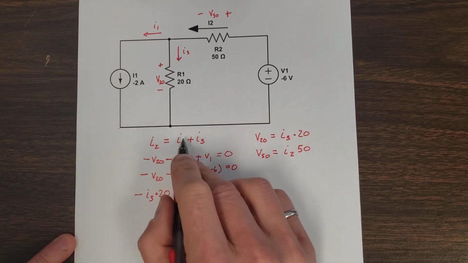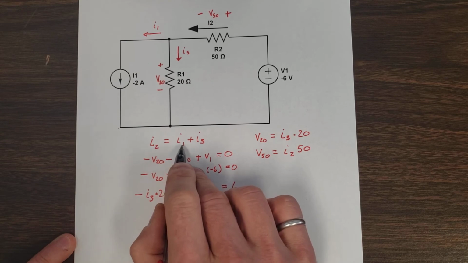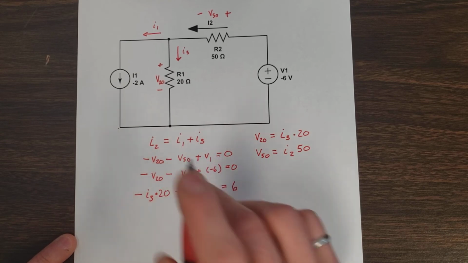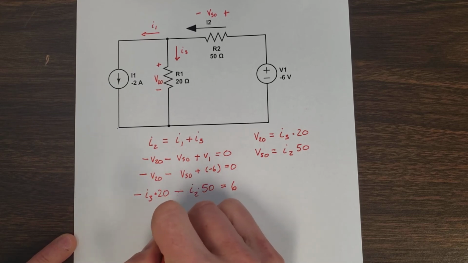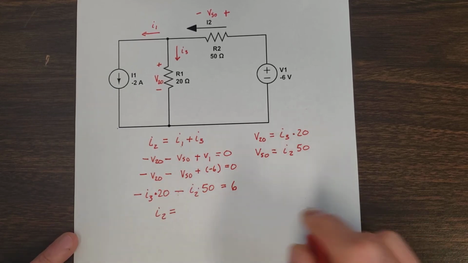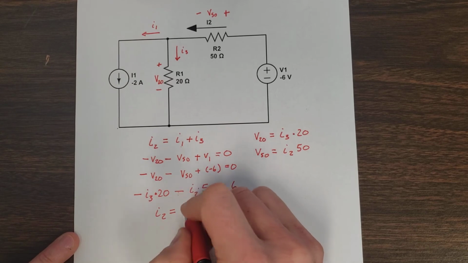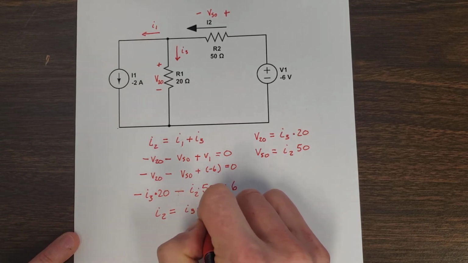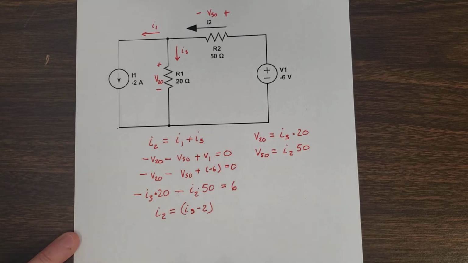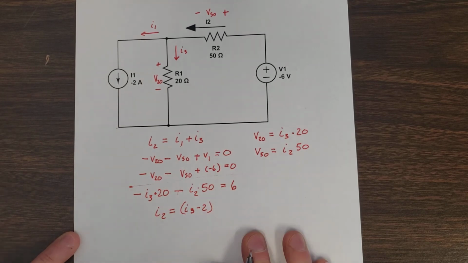We know that I1 is negative 2. So let's put that in terms, we can say that I2 is equal to I3 minus 2. Great, we're getting somewhere. And here we go. We've got two equations and two unknowns. So we can solve that.